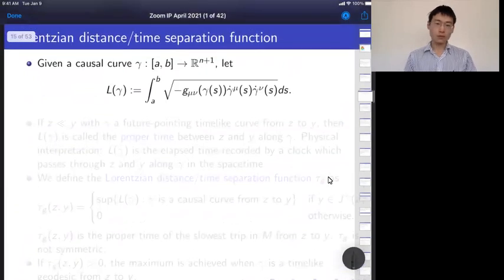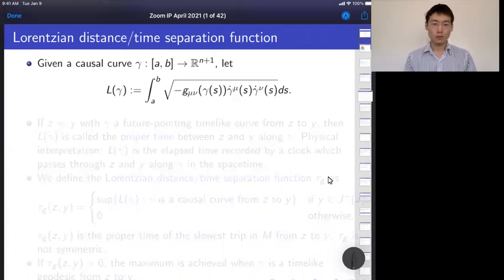Okay, so that's some geometric setting for us. Now we want to define the measurement for our problem. In the Riemannian case, the measurement is the distance function, or the travel times between boundary points. Here, similarly, we have a version of the distance function for the Lorentzian case.